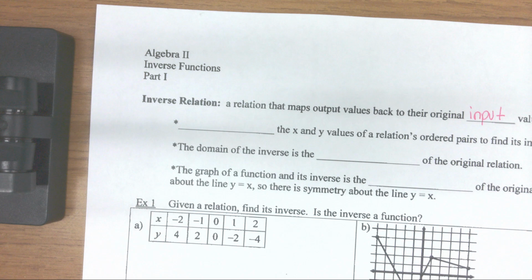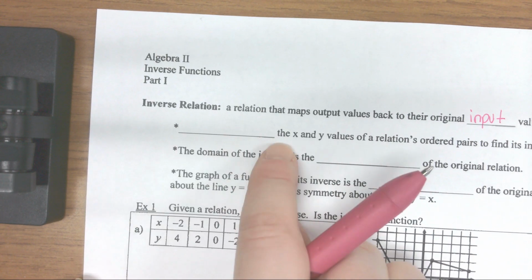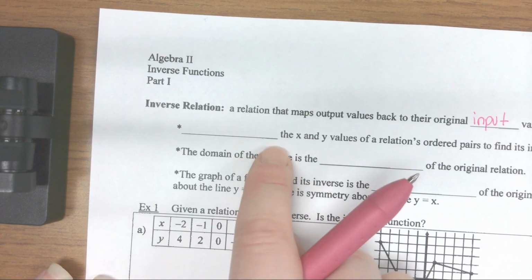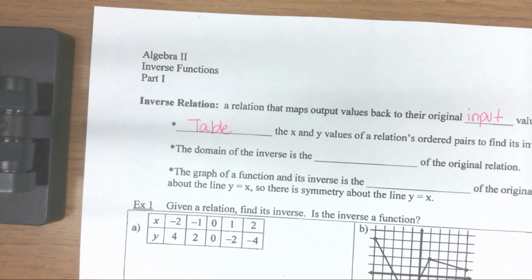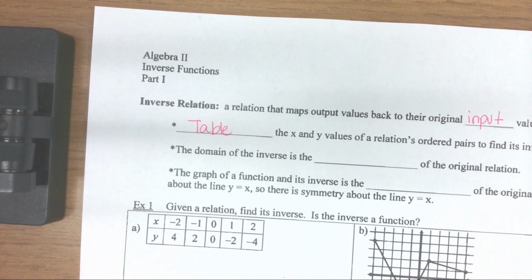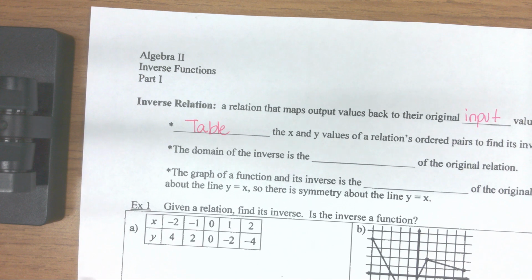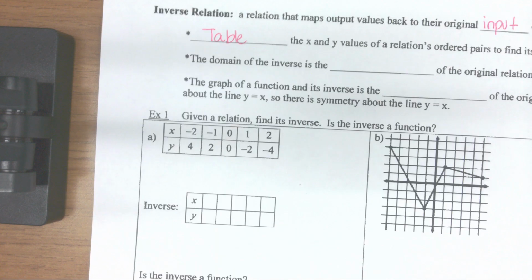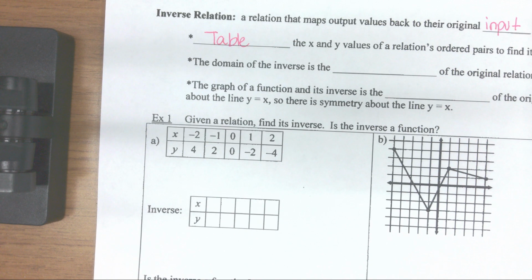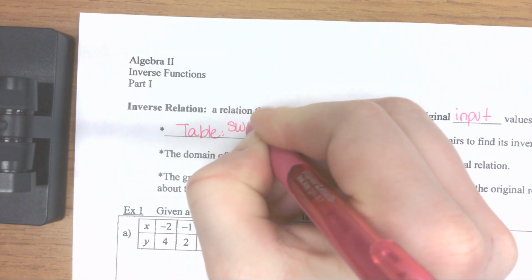So, if you're dealing with a table or a list of ordered pairs, like that first one, the x and y values of a relation of the ordered pairs are flipped around to find the inverse. Let's take a look at letter A, for instance. In a table, you are going to switch the x and y's.